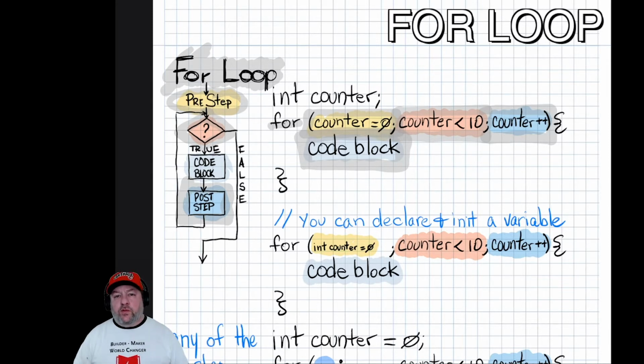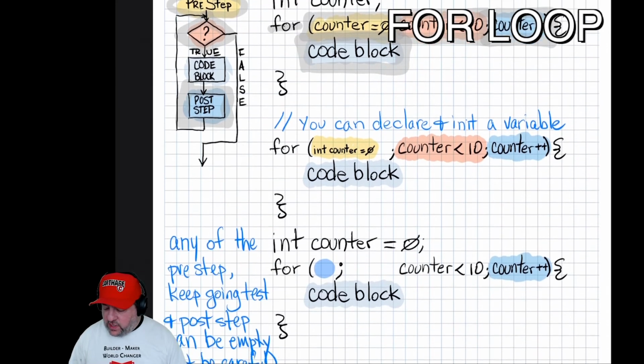So each time through the loop, the value of counter is going up by 1, and it starts out at 0. So 0, 1, 2, 3, 4, 5, 6, 7, 8, 9. When it gets to 10, it stops. Okay? And that's a consequence of having used less than 10. There are other ways you could have done that.